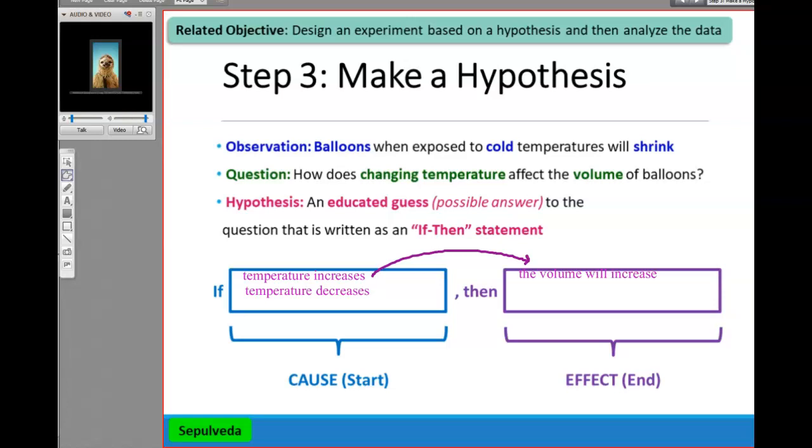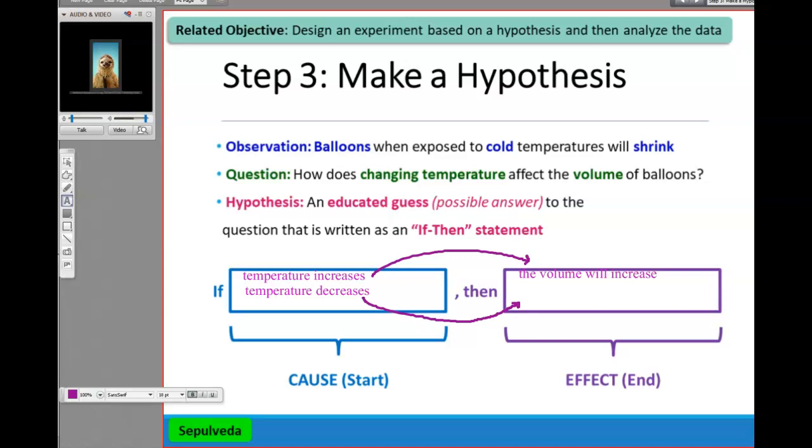The volume will decrease, right? So this would be our hypothesis. We're saying that if the temperature increases, the volume increases. The balloon expanded again. If the temperature decreases, they poured that cold liquid nitrogen on it, what happened to the balloon? It shrunk up, it decreased. So that would be a hypothesis.